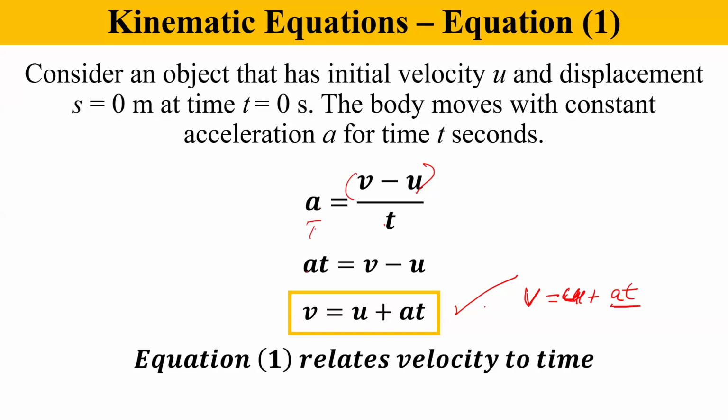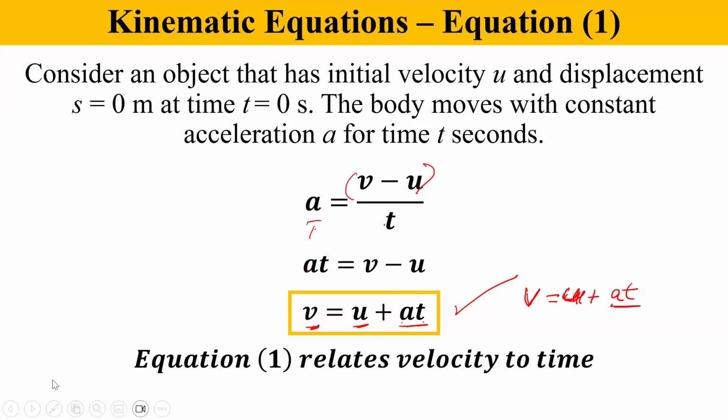So equation 1 relates velocity to time, and this is known as your first equation of motion. It gives you the initial velocity plus acceleration times time.